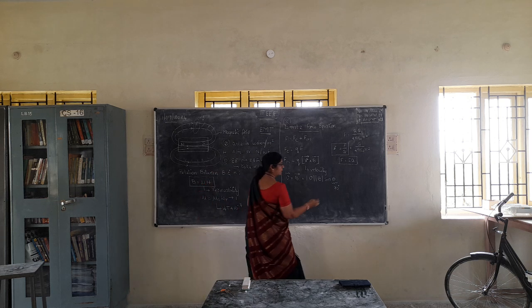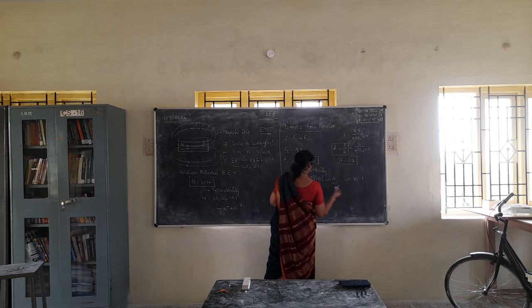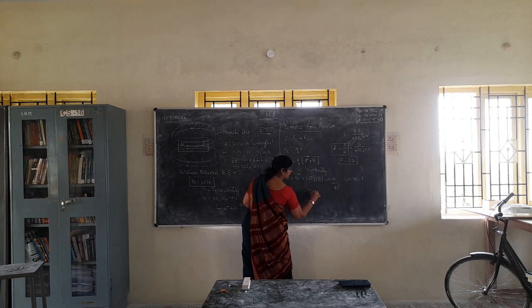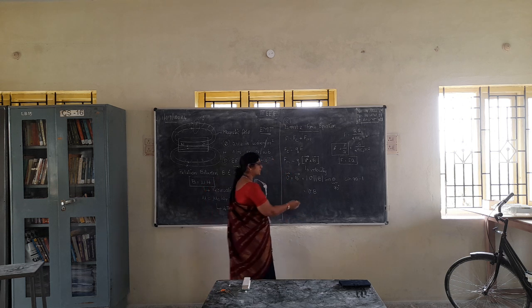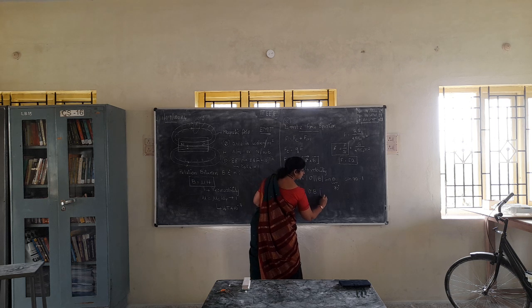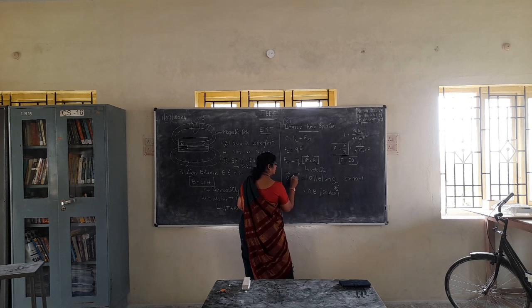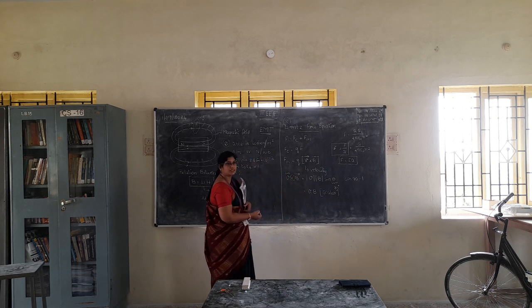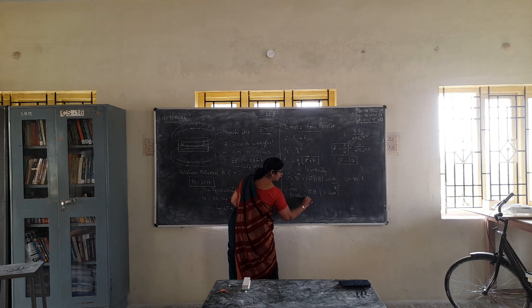So it is maximum. Sin 90 is 1. So we can write V cross B will be represented as V into B, sin theta value is 1. This is in terms of scalar. So here this cross indicates it is a cross product. Whenever you have a cross product, it represents your vector term.